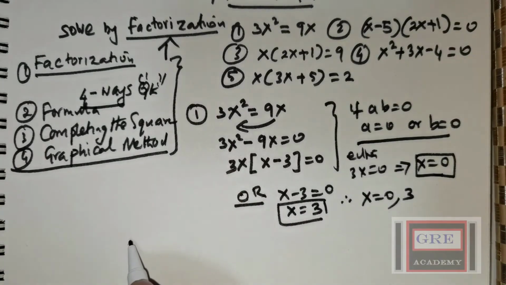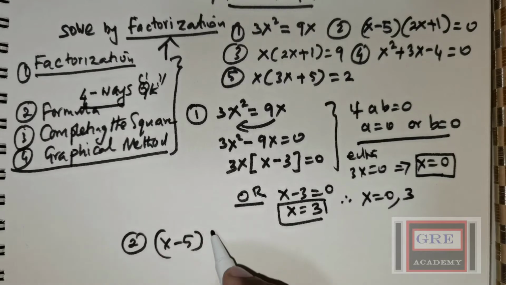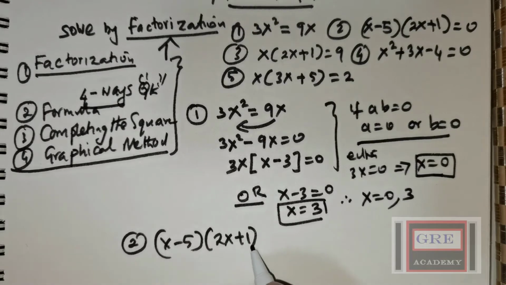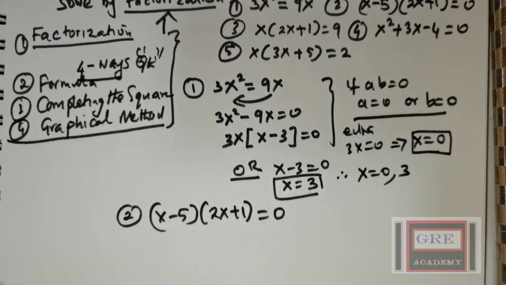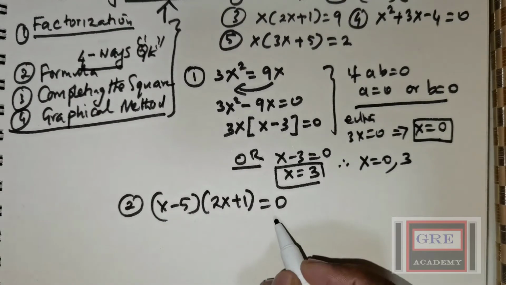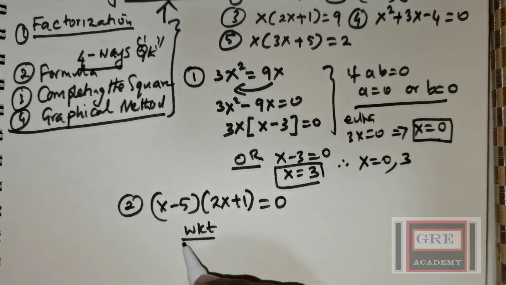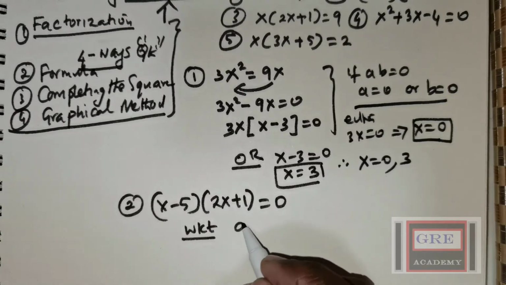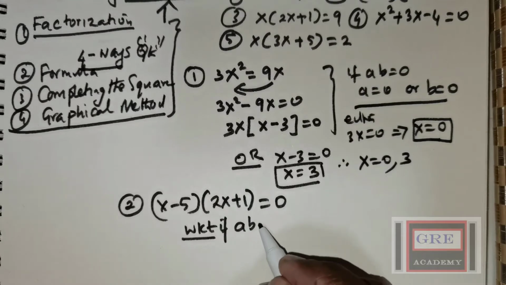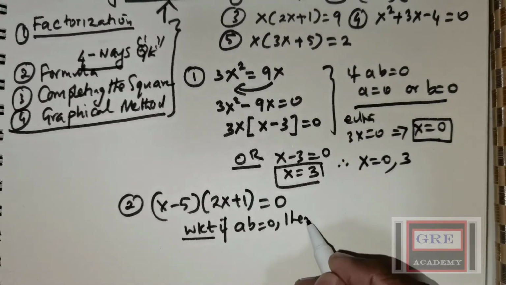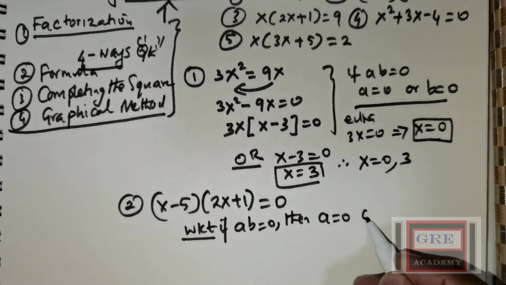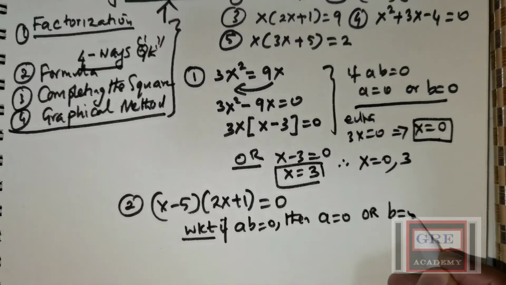Now question number 2. Now we are given x negative 5 times 2x plus 1 is equal to 0. Very important part you have to know here. This product is equated to 0. Now we know that, WKT stands for we know that, if AB is equal to 0, then A is equal to 0 or B is equal to 0.